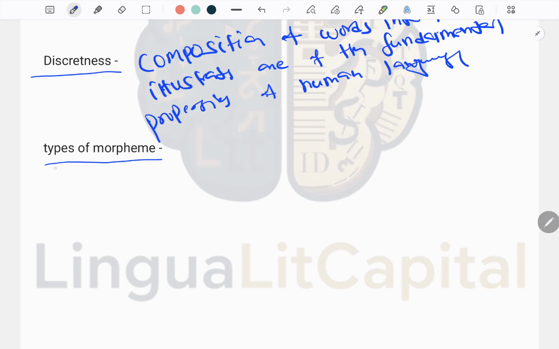So when we discuss the types of morpheme, there are especially two kinds of morphemes. The first one is free morpheme, and the second one is known as bound morpheme.